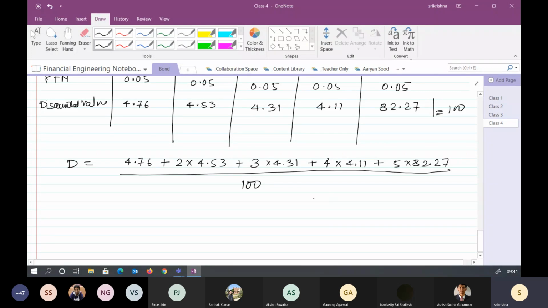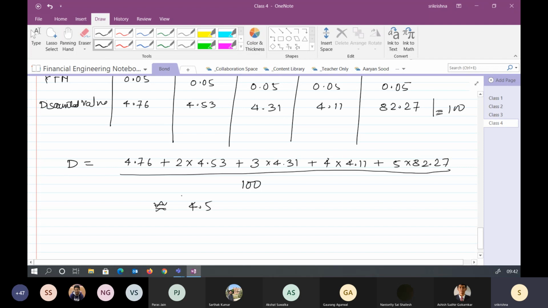So what would be the duration here? Total value? So it's 4.54. 4.5 approximately, let's say that. Correct.